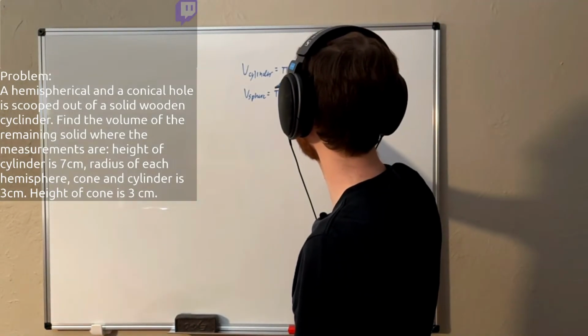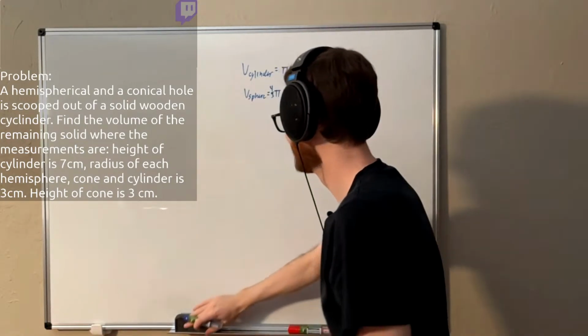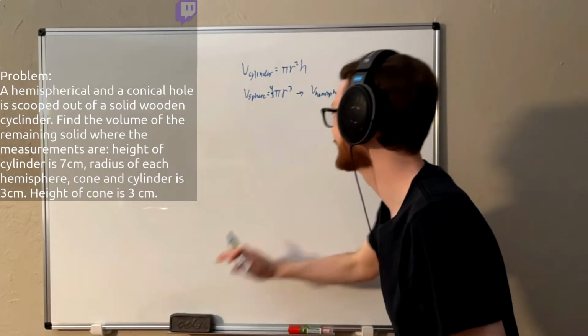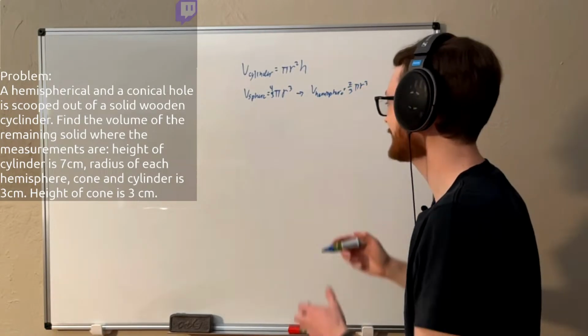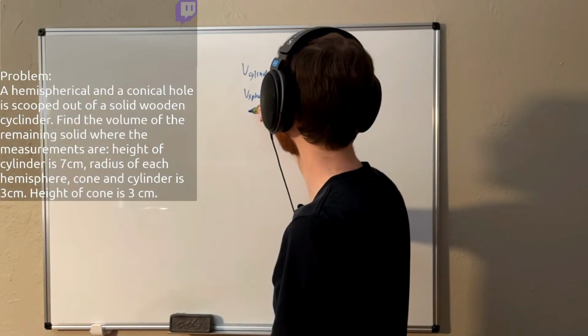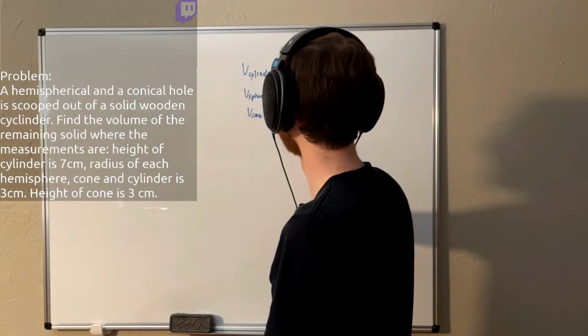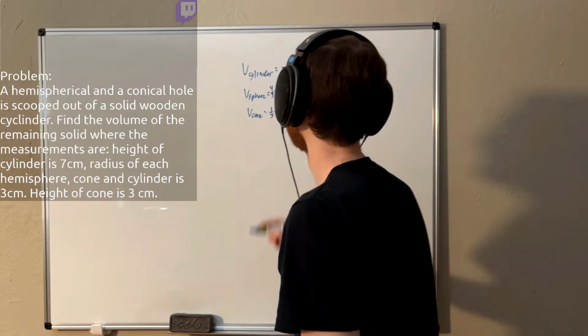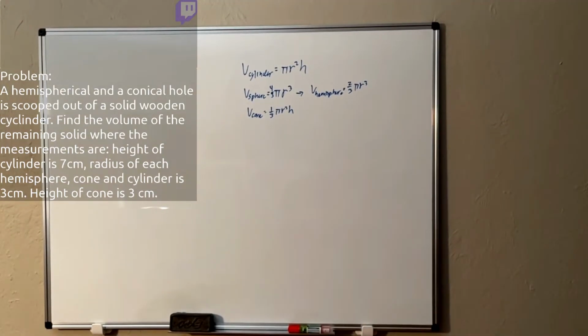Something looked wrong to me about this. 2/3, right? I'm going to Google that too for the hemisphere. Yeah, okay. And then we also need the volume of a cone. Okay, 1/3 pi r squared h. That's right, it's 1/3 of a cylinder. Somehow.